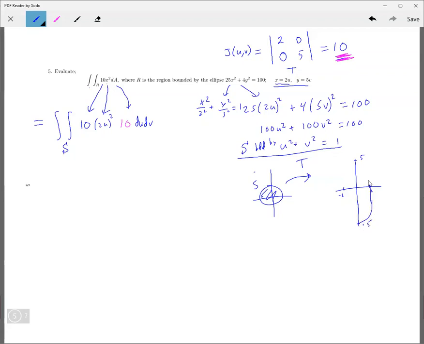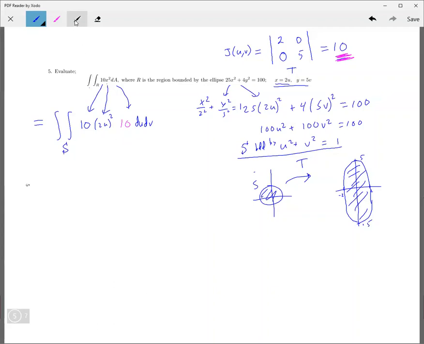And so we have an ellipse. You can kind of see why 10 is the factor, because here is a much bigger region, and here you're only integrating over this. So to make up for this, that's why the 10 comes into play.